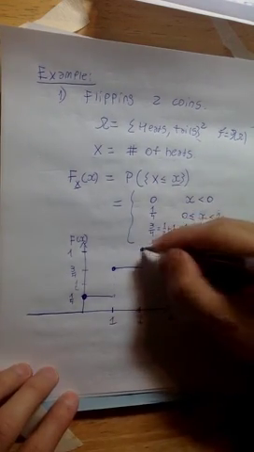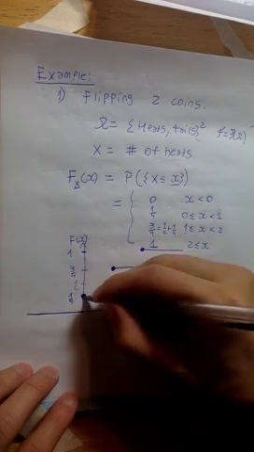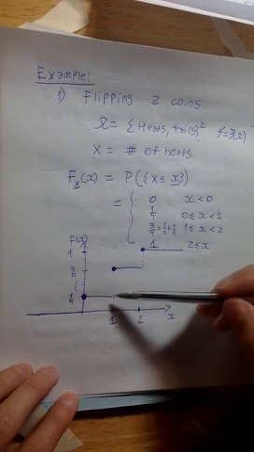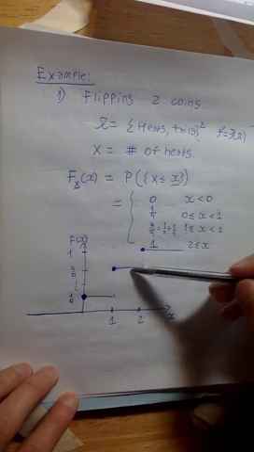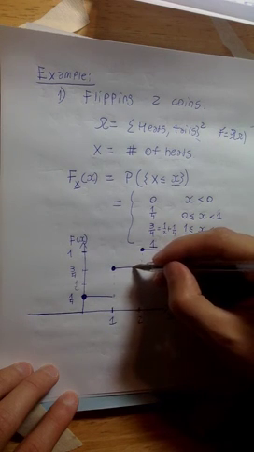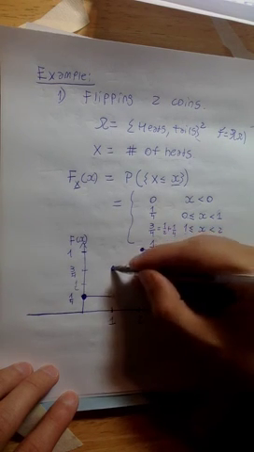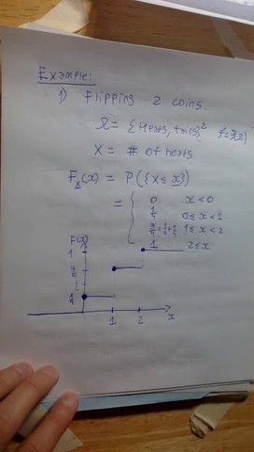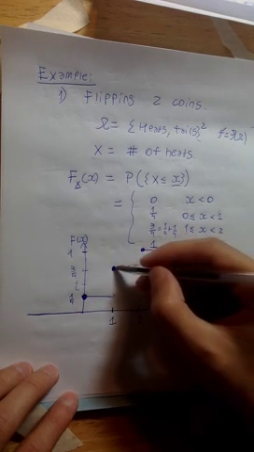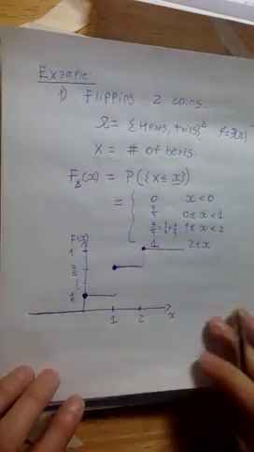As you note, I have marked this side because, as we will show, the distribution function will be right continuous. So the value from the right is going to be the value at the endpoint. You have a discontinuity, but if you look at it from the right hand side, it is continuous.